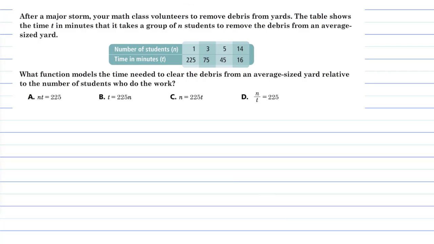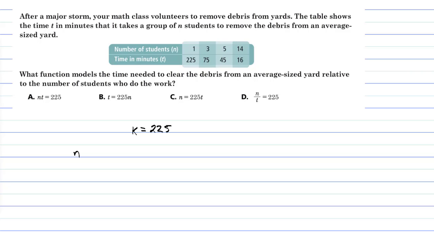I want you to try to find this next one. So on this one, we found out that K was going to be 255.